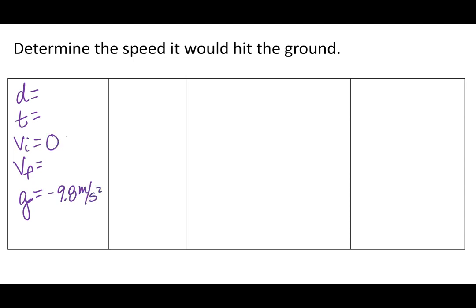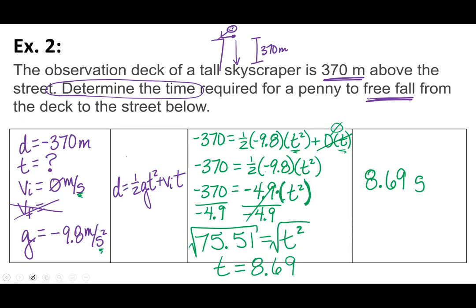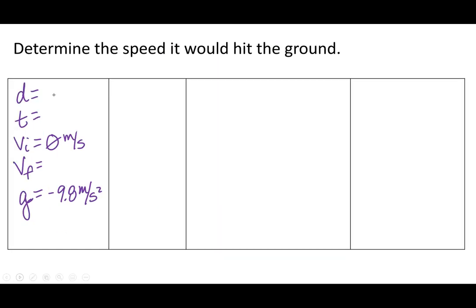VI, 0 meters per second. Let's see, we had d, that was negative 370 meters. And now we have time, 8.69 seconds. It says determine the speed it would hit the ground.